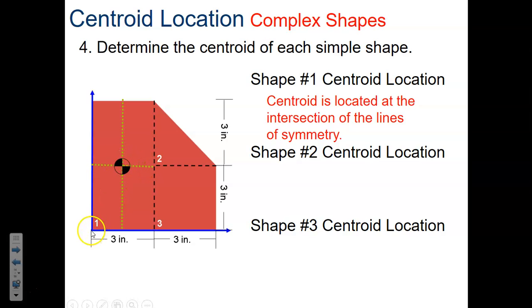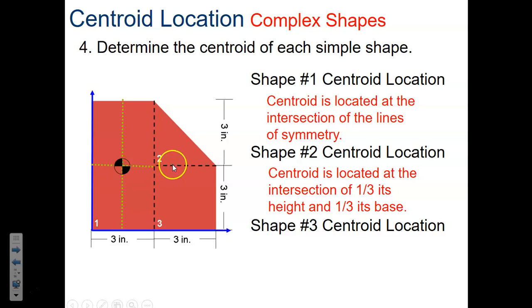So the x centroid will be, I'm sorry, 1/2 of 3 over, so 1.5. And the y centroid will be 3 inches up from the x-axis. So that'll be our y centroid location.